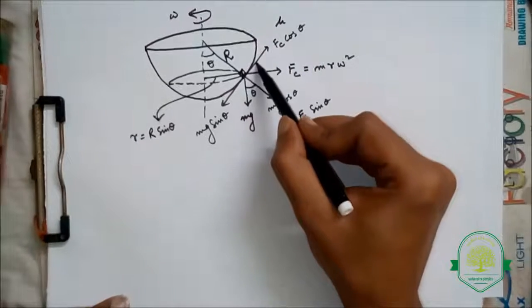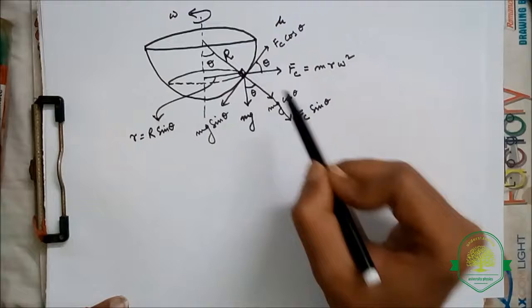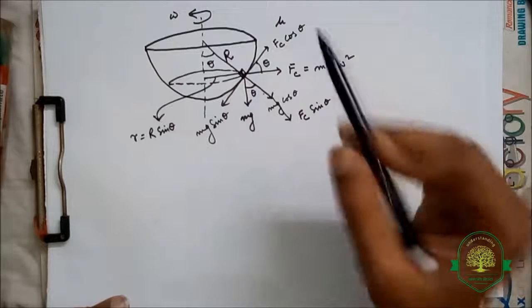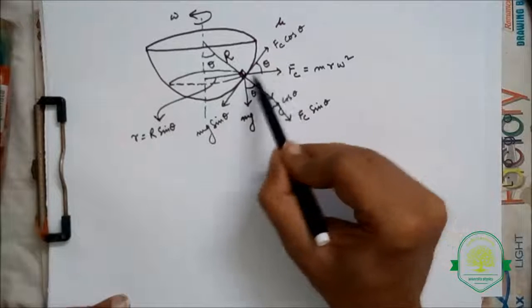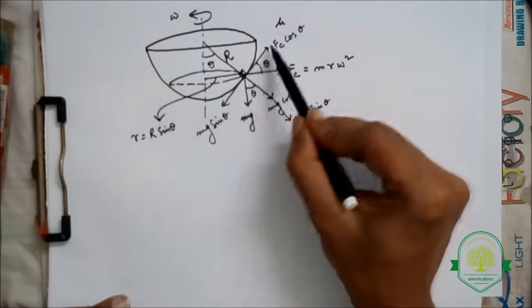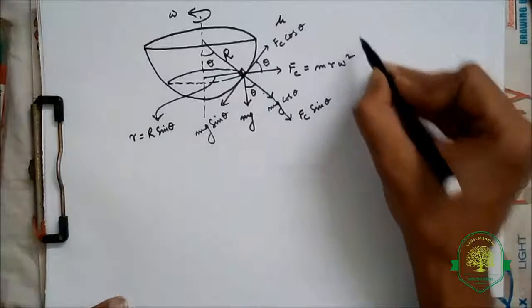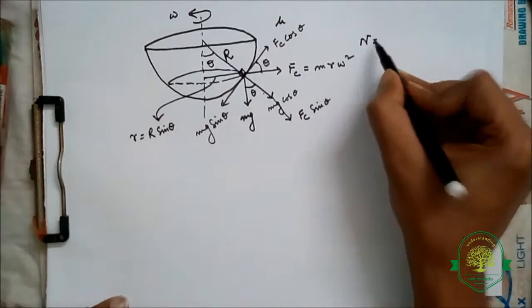You can also say that this angle is theta, because this is 90 minus theta and this whole angle is 90 degrees. If I resolve the centrifugal force along this direction, I'll get the cos component, along this direction I'll get the sine component.